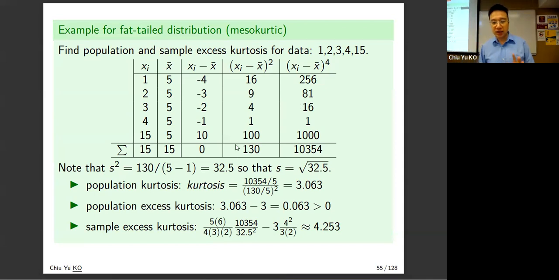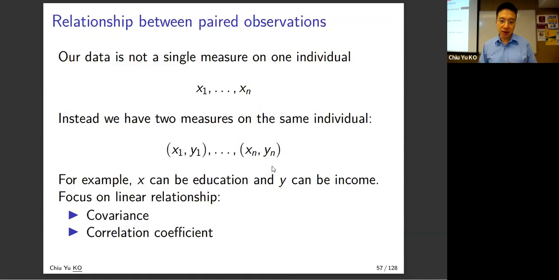Now we slightly move on. For the moment, we talk about not a single measure, but a paired measure. Suppose you observe two things for a single observation. For example, we observe how much money a fresh grad from the CUHK business school makes after they graduate, and what GPA he or she had from the school.